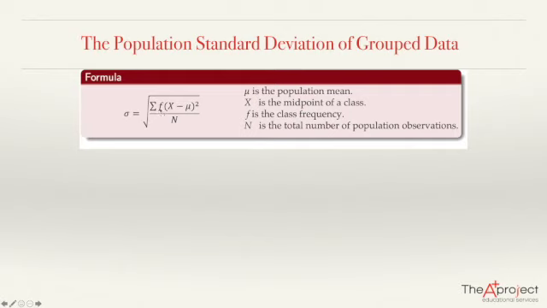The f is the frequency of the class, x is the midpoint of the class, and mu is the population mean. When we multiply f by the squared deviation and divide by the total number of elements in the population, we get the variance. After we take the square root, we get the standard deviation. This is a nice formula to use.